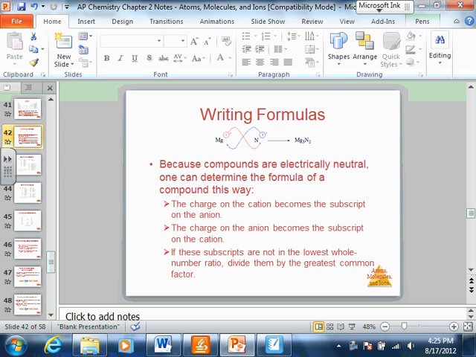There's a picture of this drawn in here for Mg2+ and N3-. It's really hard to see on the sheet. The 3 crosses down and goes here, and the 2 crosses down and comes here. So you end up with Mg3N2.